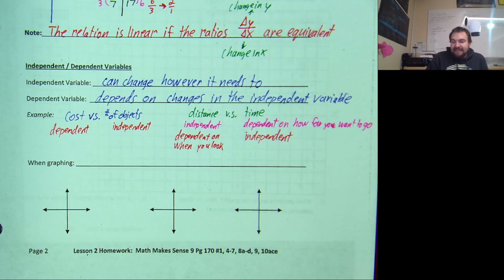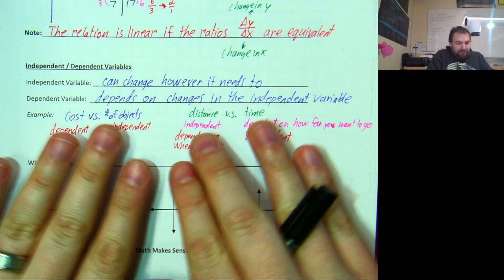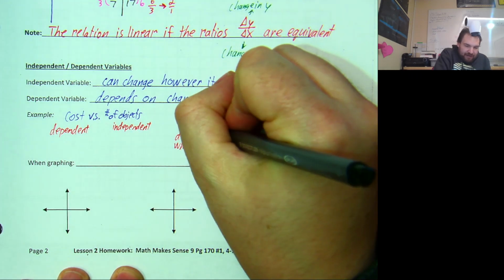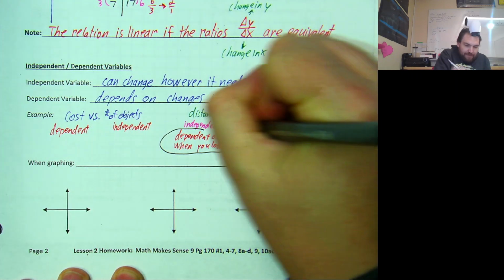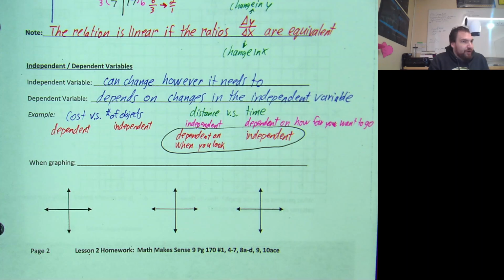So these are all the 3 different examples. This one right here is typically the kind of stuff that we're going to be doing in this class, where we're analyzing something that's already happened.